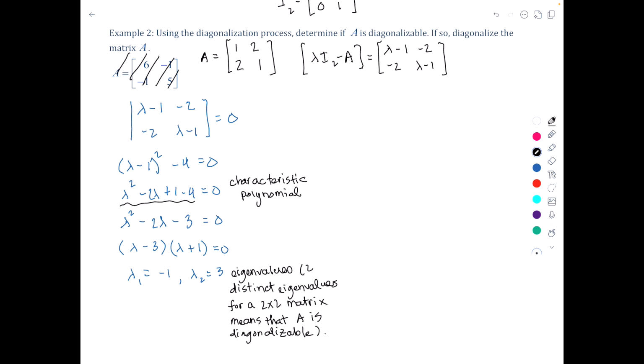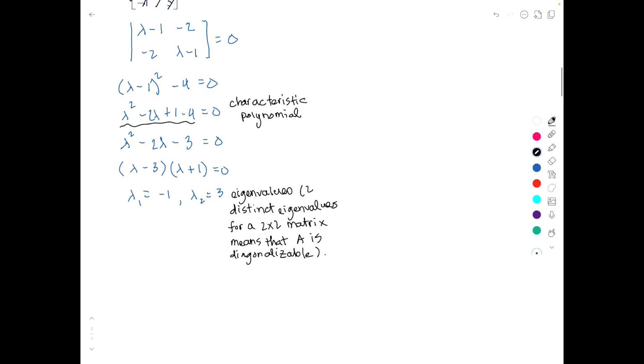Okay, groovy. All right, so now let's go ahead and find our eigenvectors.